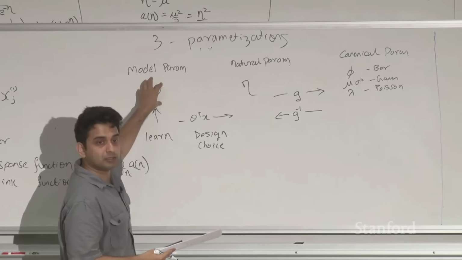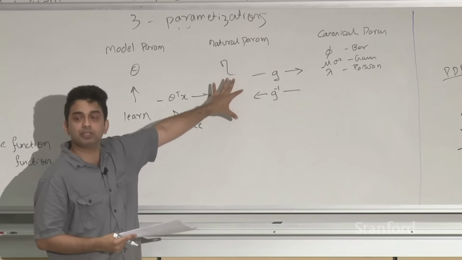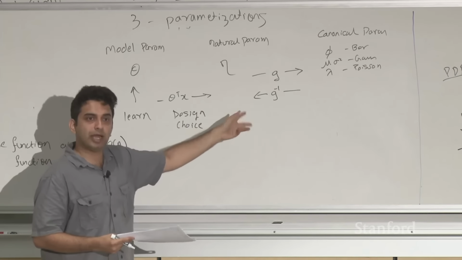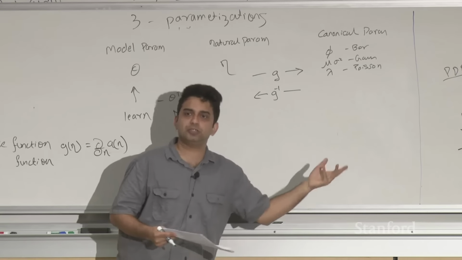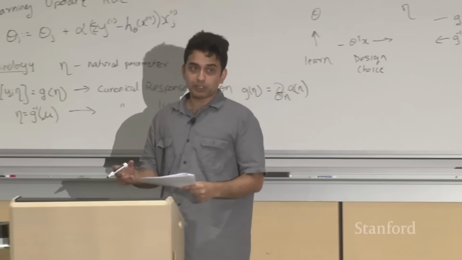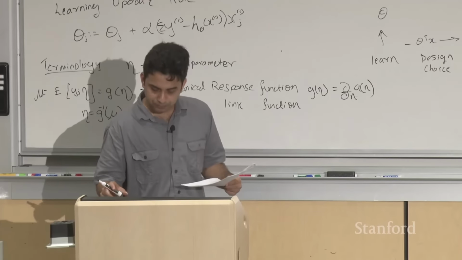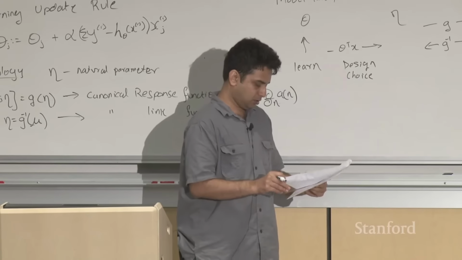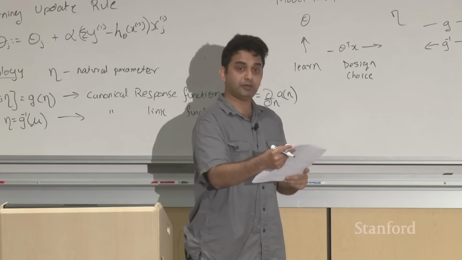The model parameters, the ones that we learn, and the output of this is the natural parameter for the exponential family, and you can do some algebraic manipulations and get the canonical parameters for the distribution that we are choosing depending on the task, whether it's classification or regression. Any questions on this?